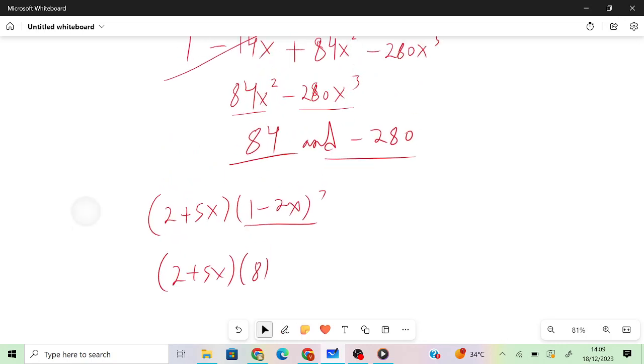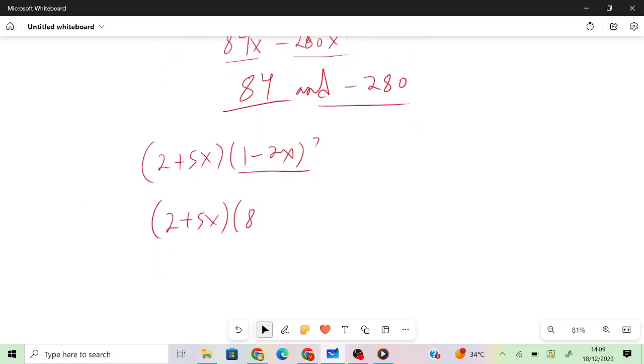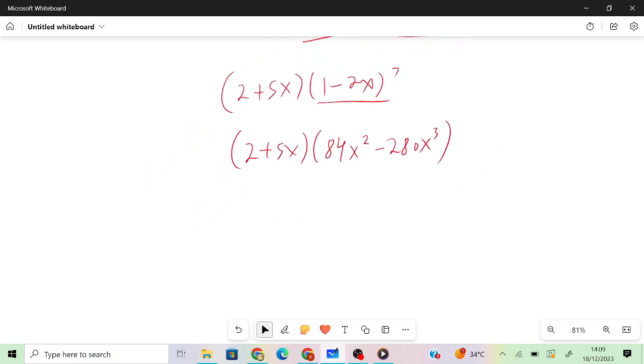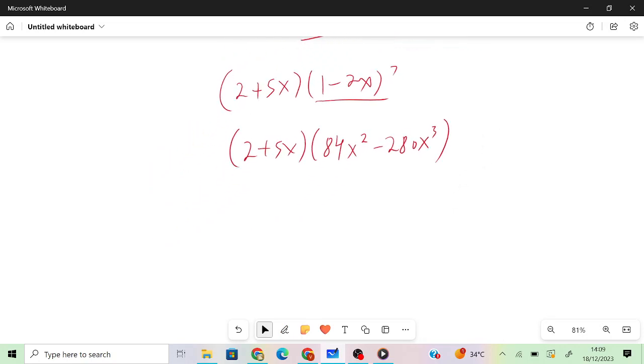84x squared minus 280x cubed, and then we see what can I multiply with what to give me anything with x to the power 3.